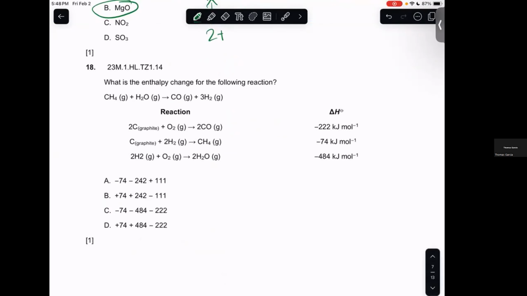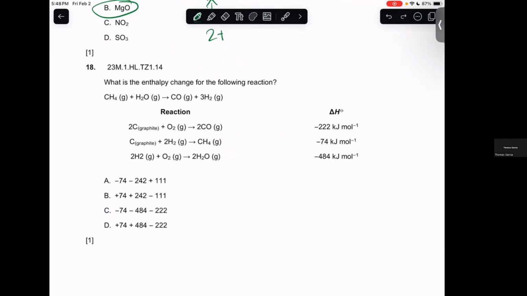All right. What is the enthalpy change for the following reaction? So we see that methane plus water reacts to form carbon monoxide and hydrogen. So going through this list of reactions, I'm going to try and order them so they have the right things on the right side.